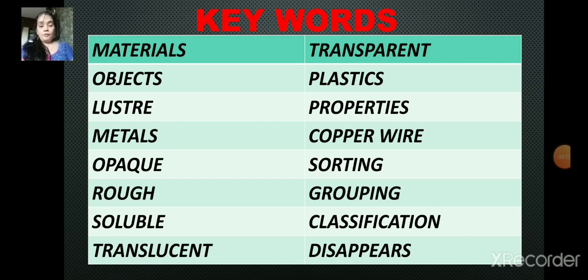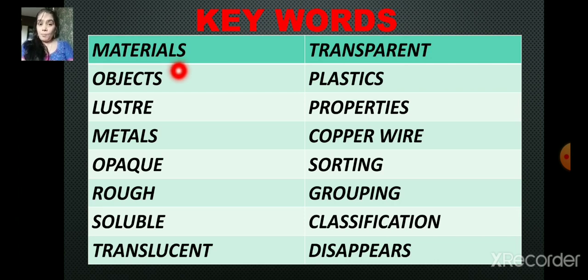Before we move into the lesson, we learn some keywords from the lesson so that it helps you understand the lesson easily. Let's start with these words. Try to repeat after me. Listen carefully, okay? The first word is materials.